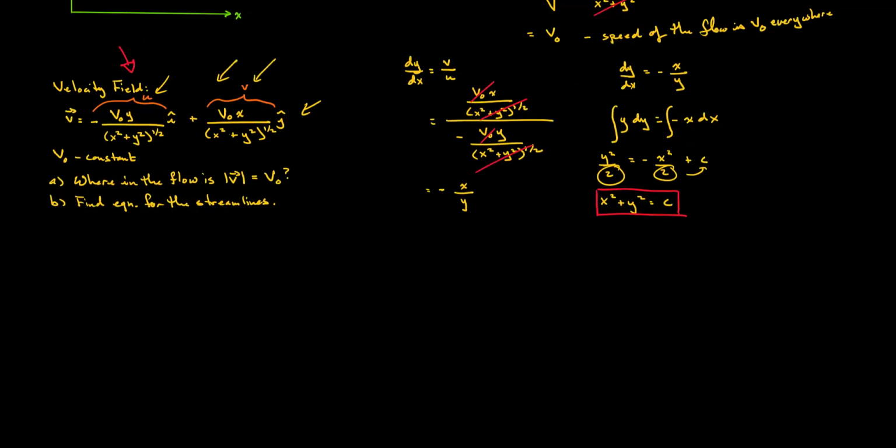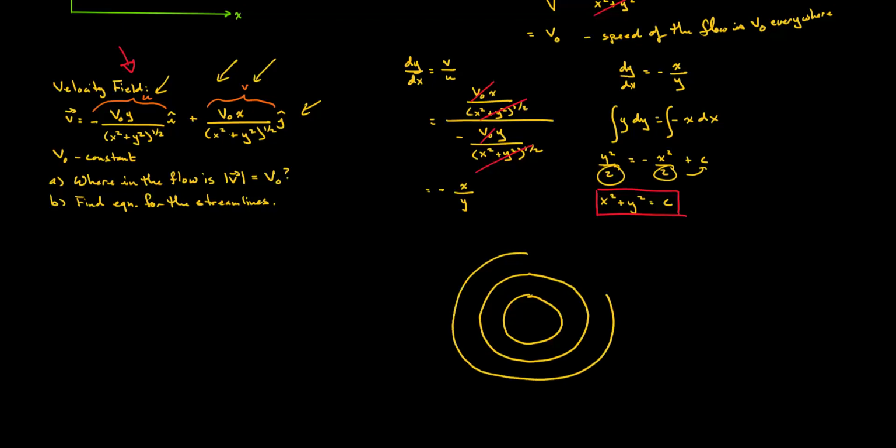And what these are actually just circles. So we have one streamline over here, which will be associated with a certain integration constant. We'll have another streamline over here, another streamline like this. And again, everywhere tangent to the local velocity vectors.